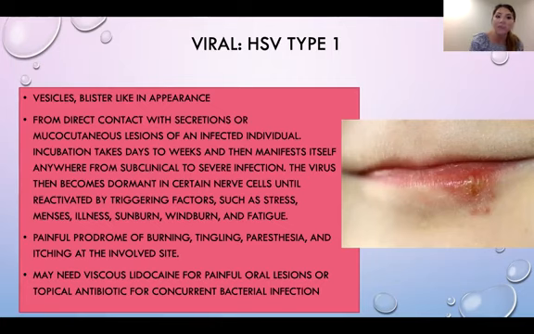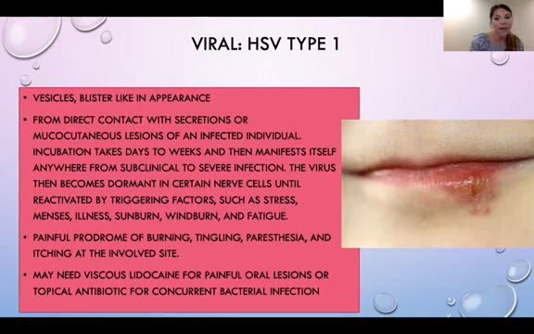Sometimes if it's really painful, and it's affecting just their daily life, then we could do viscous lidocaine. If it's internal in the mouth, they can swish it around and just put it right on that spot.